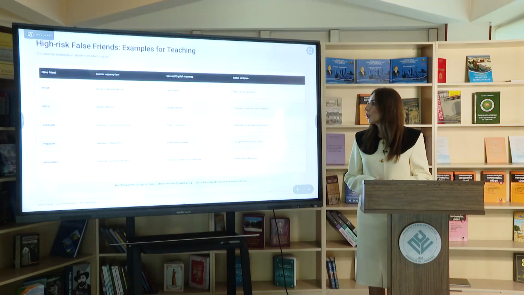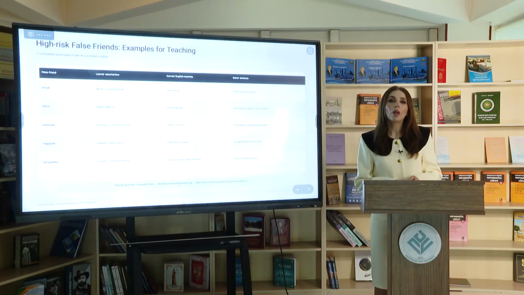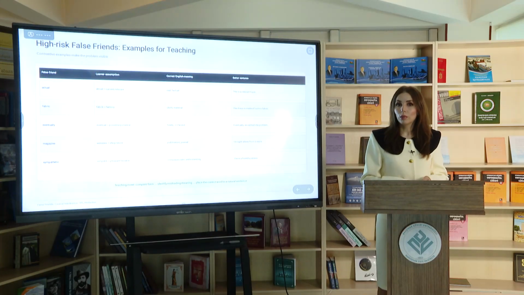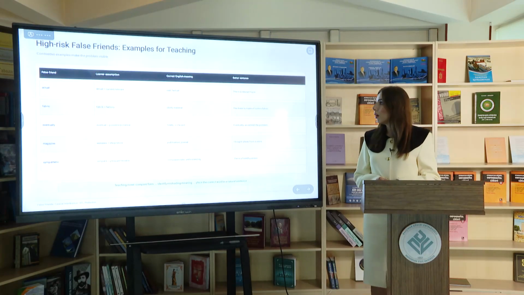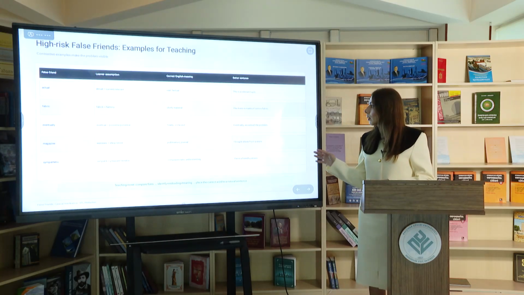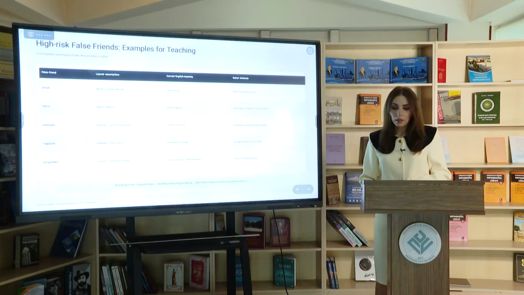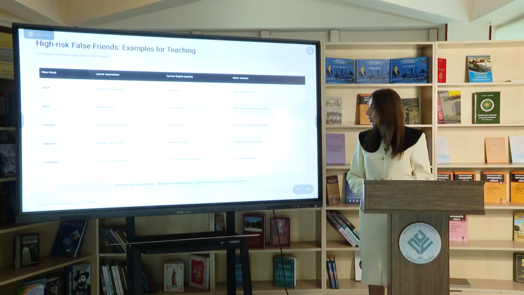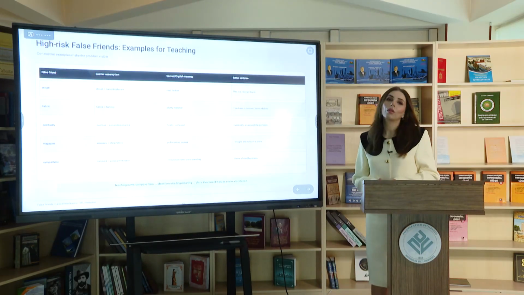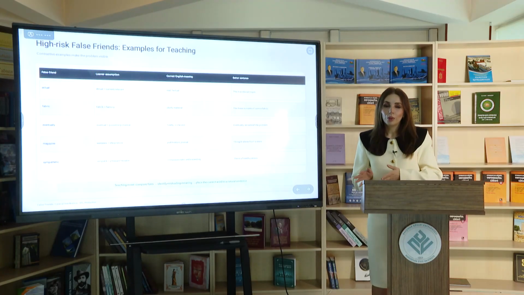Here are some words that students often transfer into the wrong context. We spoke about the words actual, fabric, and magazine, and let's pay attention to the word sympathetic. In English, these words may also look familiar to students.